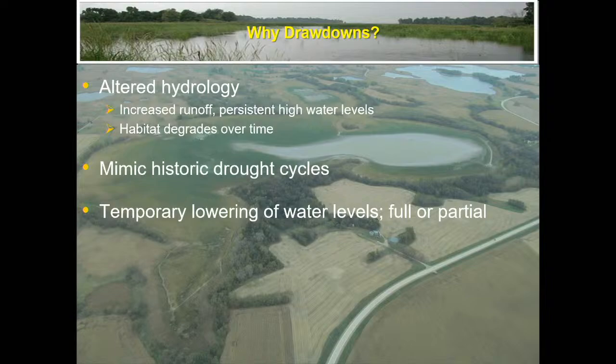They've been maintained at high water levels. A lot of the original great fish habitat is gone because it's just been underwater for so long. There's nothing left. So what we're trying to take advantage of is we're trying to mimic those historic drought cycles through these drawdowns, either a full or a partial.